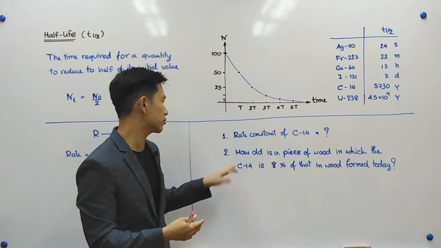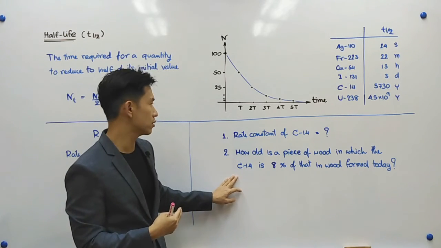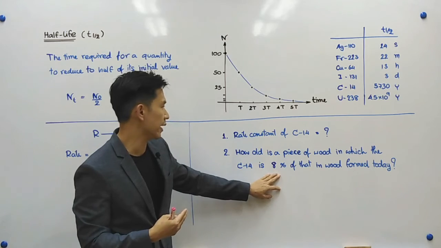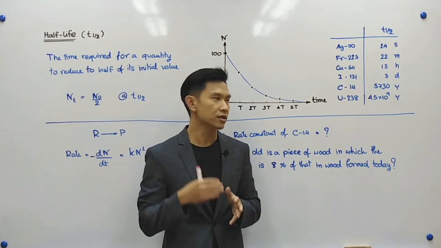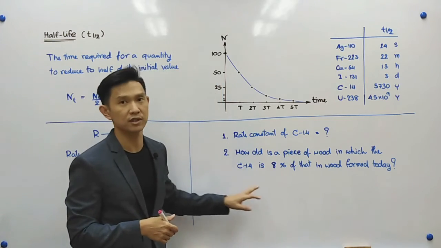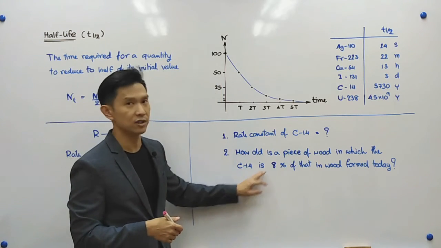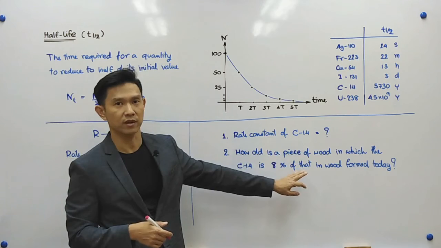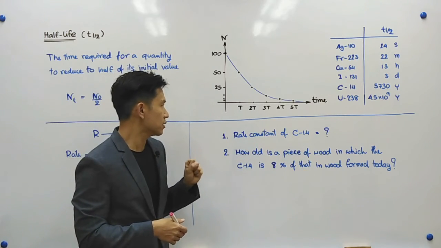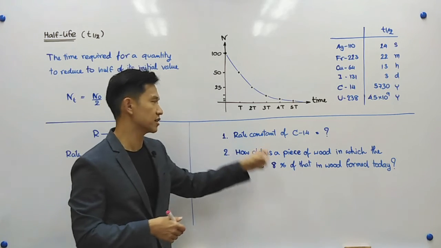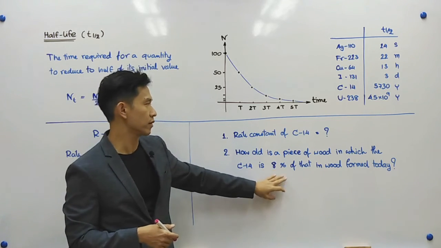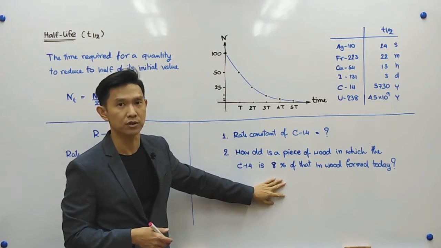But now carbon-14 is reduced to just only 8% of that in living wood nowadays. So from this information, we can find the age of this piece of wood, okay? But you have to find the rate constant first. If you know the rate constant, you can find the age of this kind of fossil, okay?